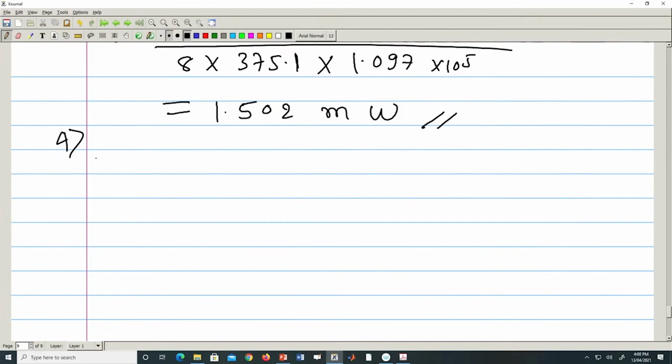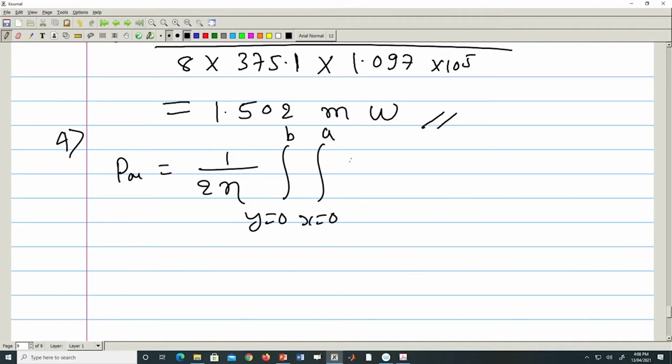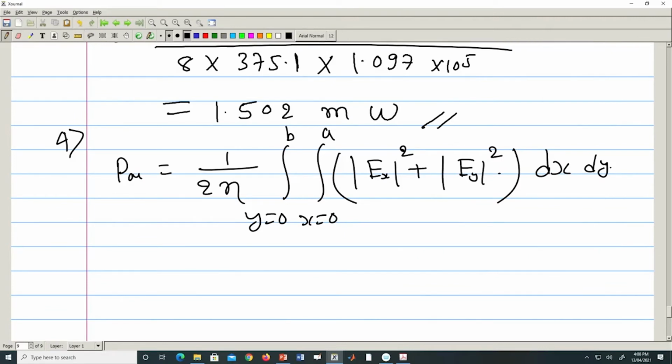For the TM11 mode, the average power we know can be written as 1 by 2 eta, integral y equal to 0 to b, or it can be interchanged, not a problem, x equal to 0 to a, Ex square plus Ey square into dx dy. So, this is the average power.